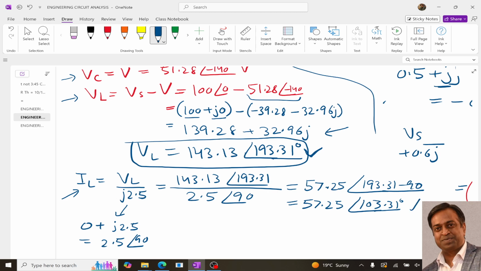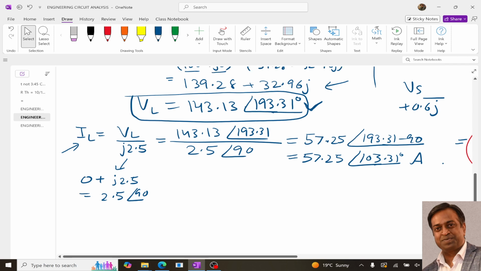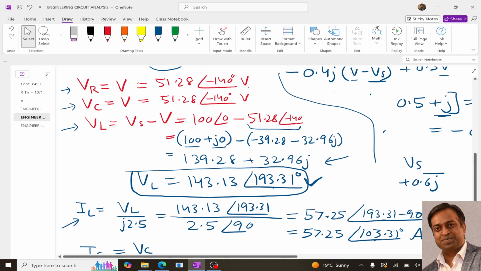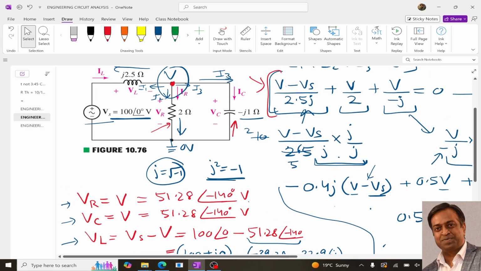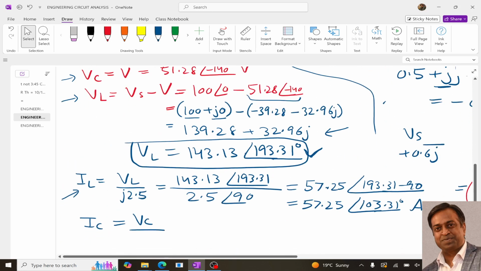So this is in amperes. Now similarly you can do it for IR and IC. Just a minute. So IC will be VC upon impedance, like the impedance of the capacitor, it is this minus j.